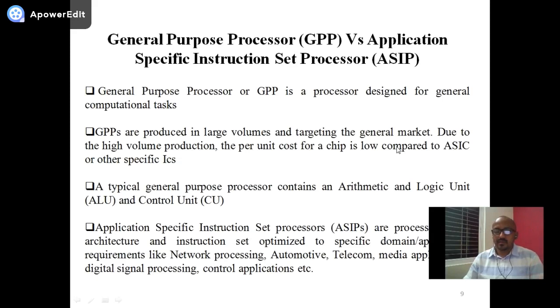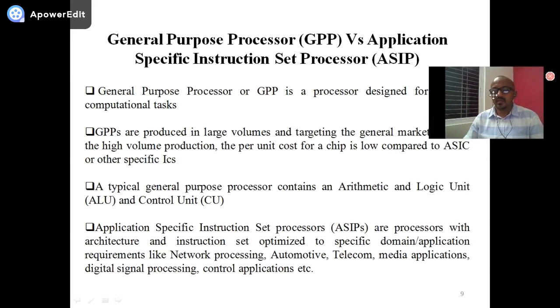Compared to the application specific ASIC, the cost per chip is very low as it is produced in large volume. General purpose processors have an ALU and control units. The best example I can give is the 8086 processor, which you have already studied.